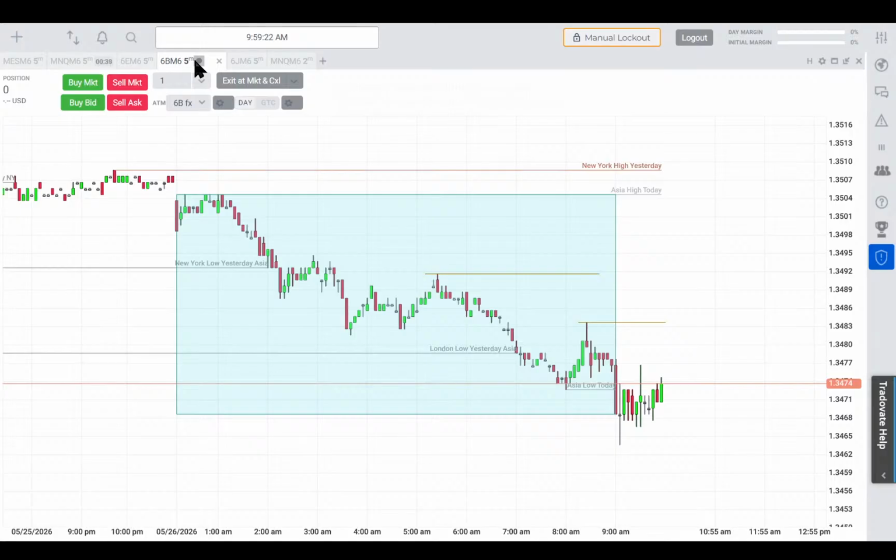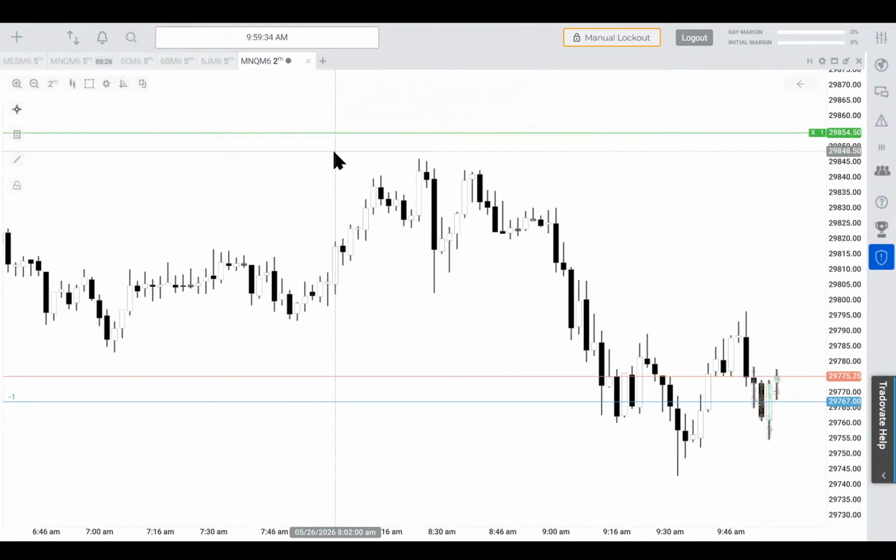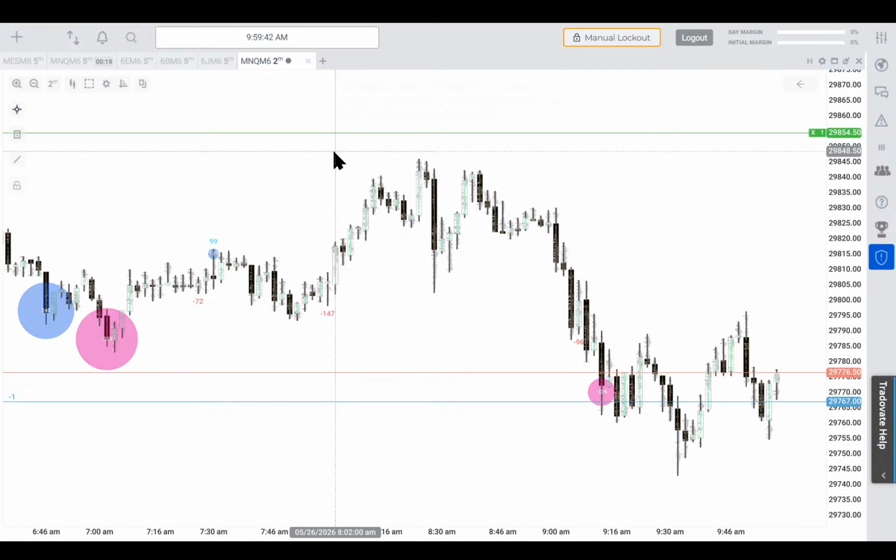Cable doing something similar. And yen. Yeah. Yen is continuing to push. Yeah, we'll see what it does. All right. You're covered across the board then.